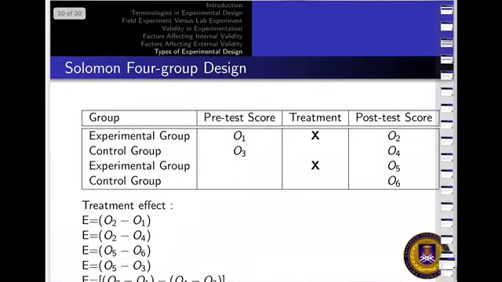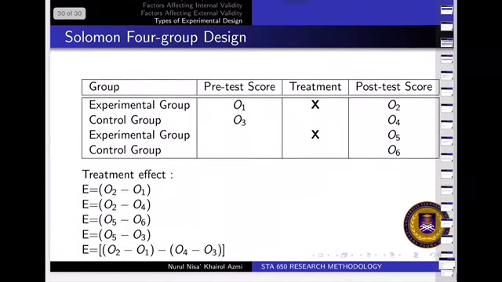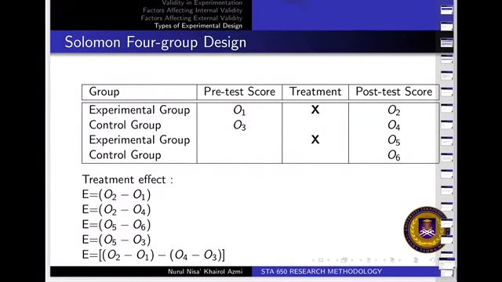So we can do the Solomon four group design. Actually dia sama je, is most likely the true experimental design. Cuma kita ada lagi satu part, where we have the experimental group and control group where we do not record the pretest. We only record the post-test score.